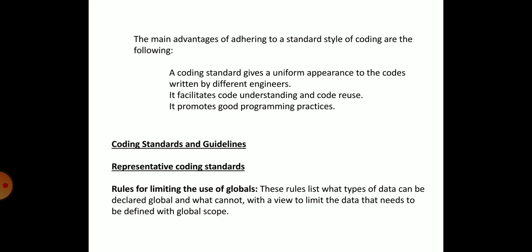So we shall go deep into the coding standards and guidelines. As we have said, good software development organizations usually develop their own coding standards and guidelines depending upon their organization, the way that suits their organization best and based on the specific types of products they develop.